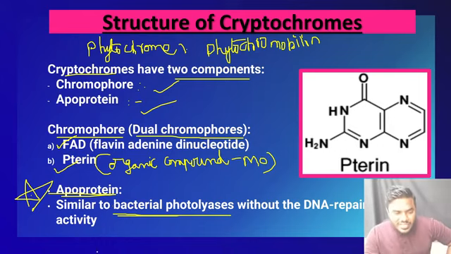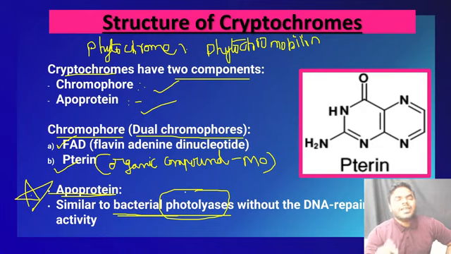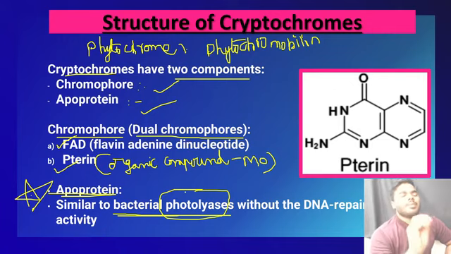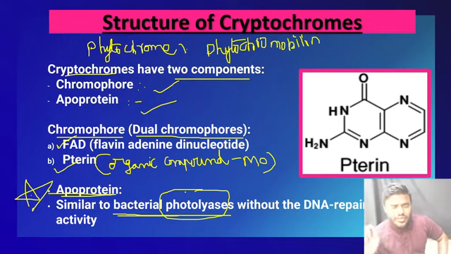I have stressed this point. Bacterial photolyase is the first discovered DNA repair mechanism enzyme. Photolyase is the first discovered DNA repair mechanism enzyme.